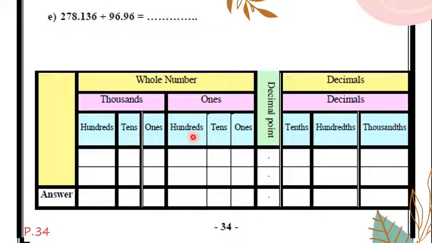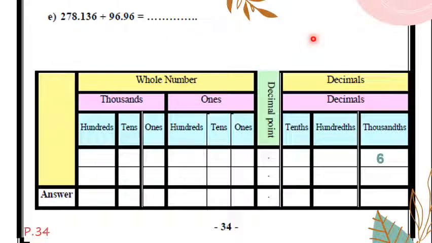Let me see exercise E. Open the booklet, page 34. 278 and 136 thousandths plus 96 and 96 hundredths. Let me put each digit under its place value. I'm going to start with the first number.